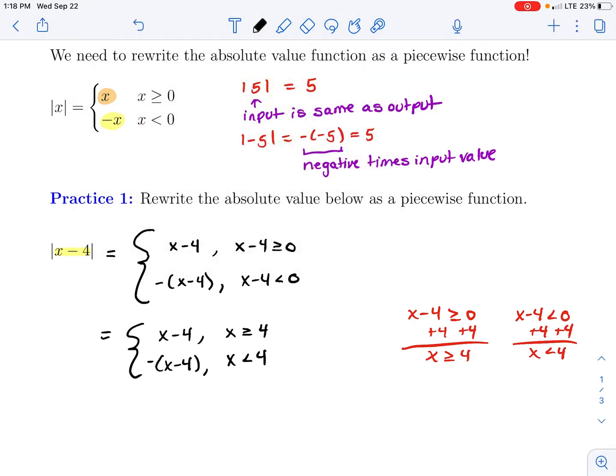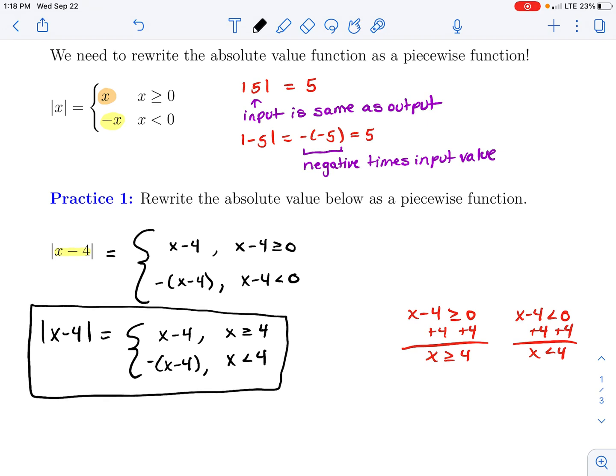Okay, so ultimately here I'm saying that I can rewrite the absolute value of x minus 4 as this piecewise function. Okay, so you don't necessarily have to show me the step above it, but I do want to show you where I'm getting x is greater than or equal to 4 and x is less than 4. It's basically the same format as what's up here. Instead of writing x, though, I'm writing x minus 4s.